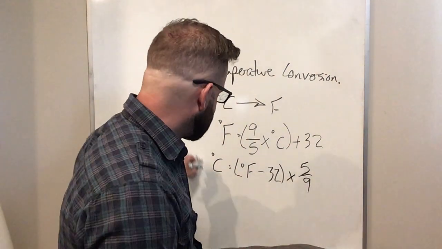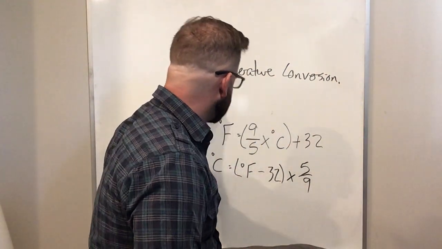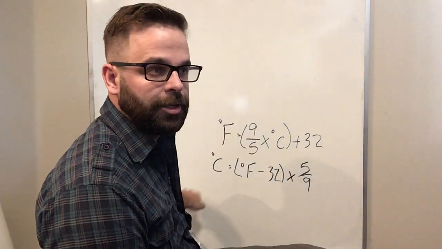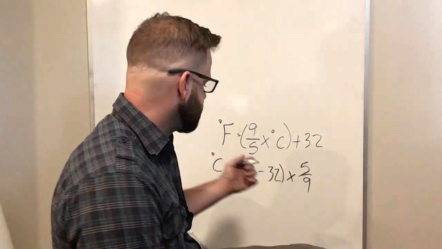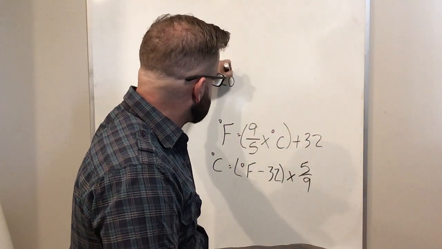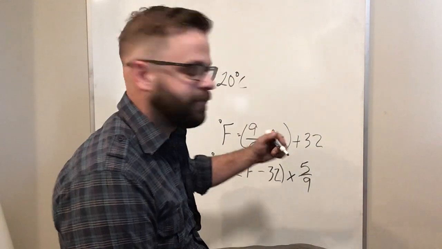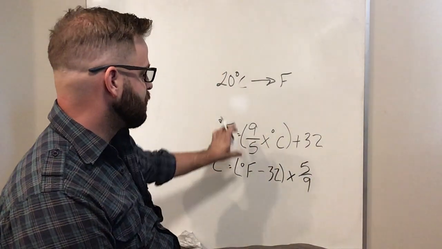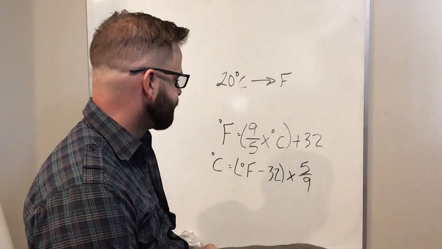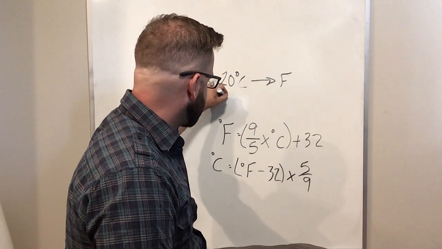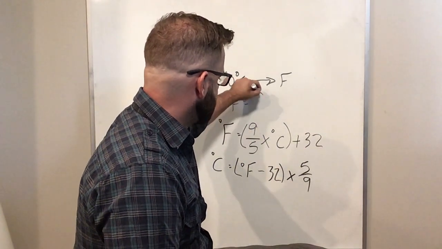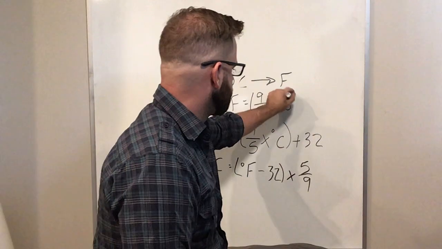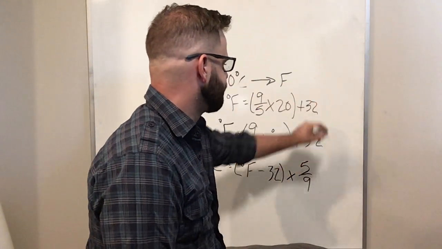So let's give an example of that. We'll leave those two formulas there, just as a reference. Let's say I had a value and it was 20 degrees Celsius, and I want to convert that to degrees Fahrenheit. So the formula I would use would be this top one. I'm trying to find degrees Fahrenheit. So I plug that into my formula. So degrees Fahrenheit is equal to 9 over 5 times 20 plus 32.